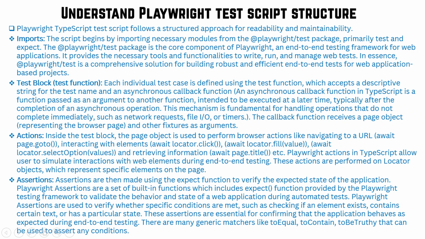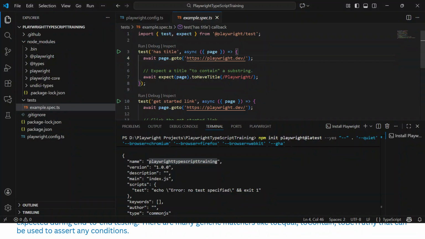The @playwright/test package is the core component of Playwright, an end-to-end testing framework for web-based applications. It provides the necessary tools and functionality to write, run, and manage web tests. In essence, @playwright/test is a comprehensive solution for building robust and efficient end-to-end tests for web application-based projects. So this is all about the import, the first part.